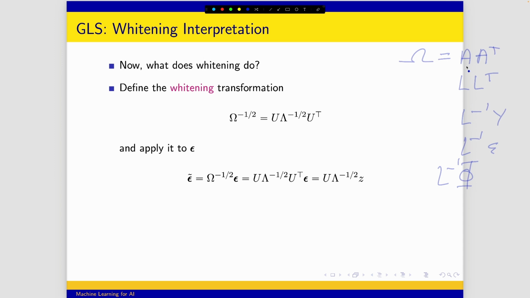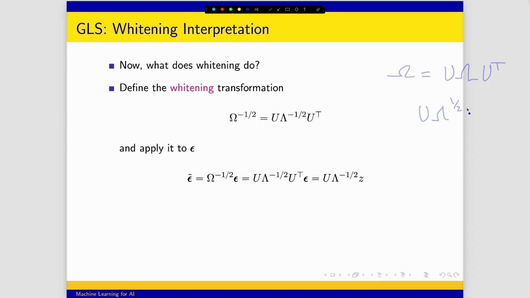Another square root is given by our eigen decomposition. And what is that? Well, our eigen decomposition tells us that omega is equal to U times lambda times U transpose. Now we can define a square root from here, and that square root is U times lambda to the half times U transpose. Right? Now let me convince you.